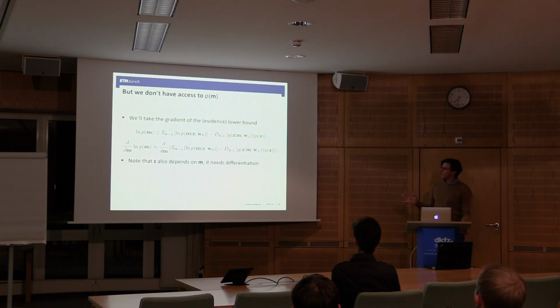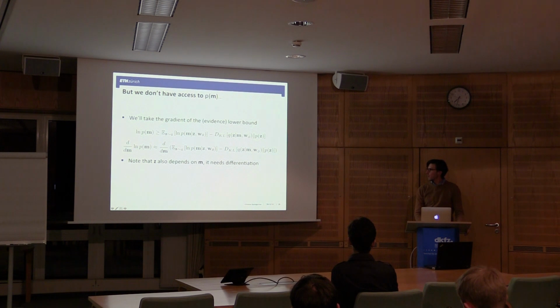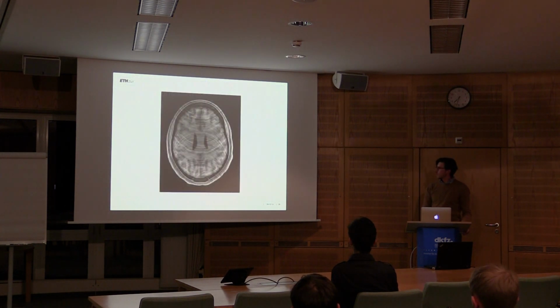And the last point: when you calculate the VAE, you don't actually get the real density P of M. You get a lower bound, which is usually referred to as the evidence lower bound, the ELBO. But we say that the derivative of the ELBO approximates the derivative of the real density quite well.